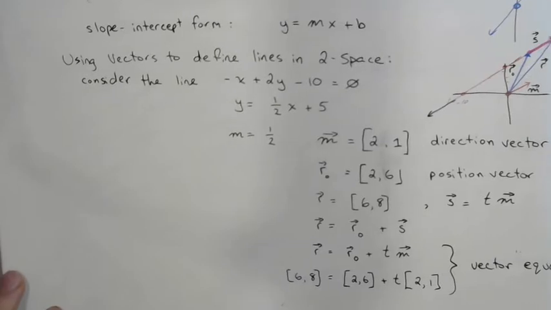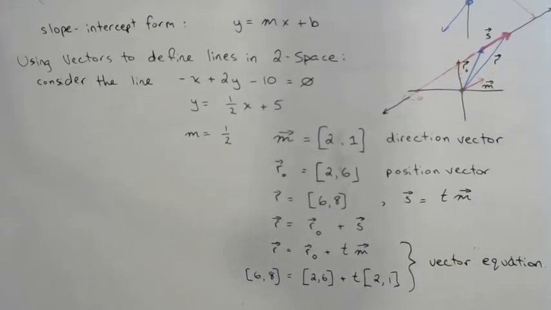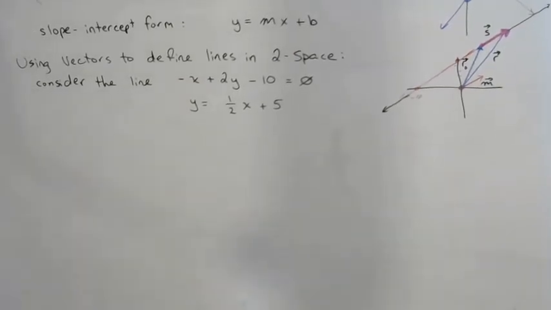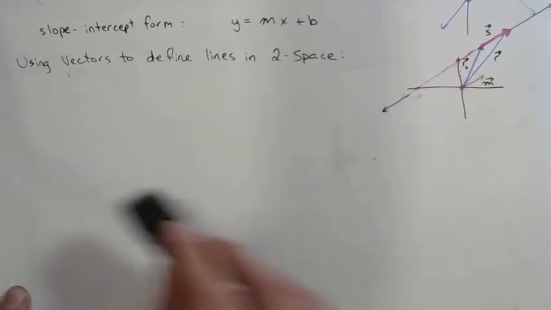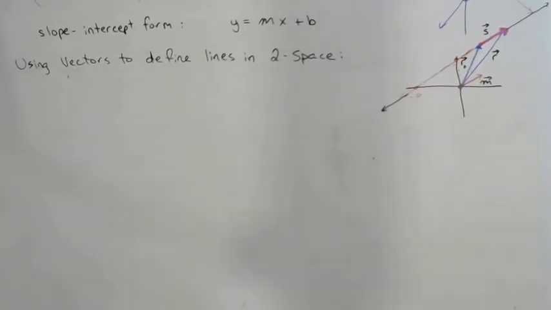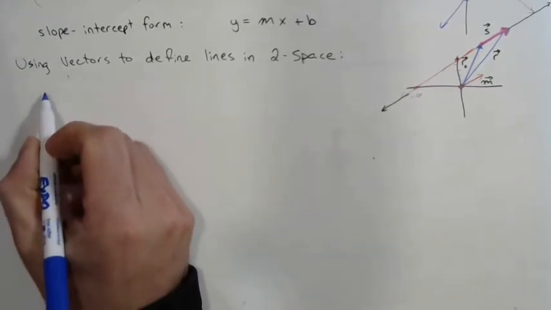And just to recap what we have here, you might want to do this underneath. Actually, maybe I will just erase and write these things in a more general form. So we have our vector equation in two space. We have two forms.